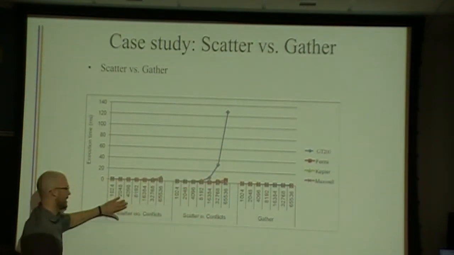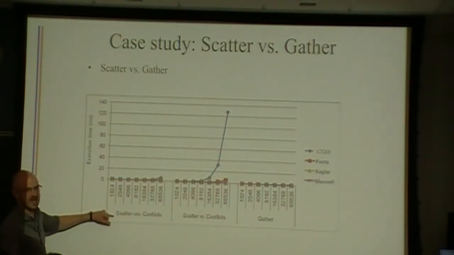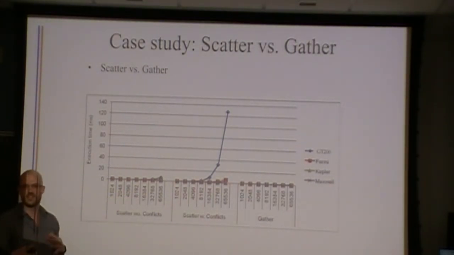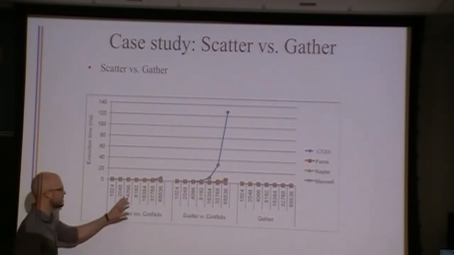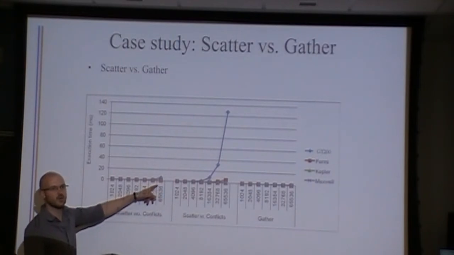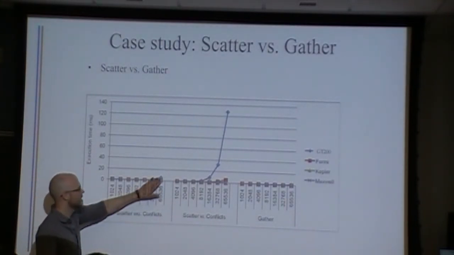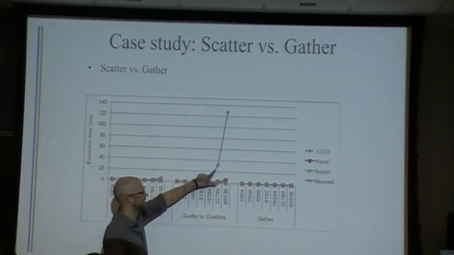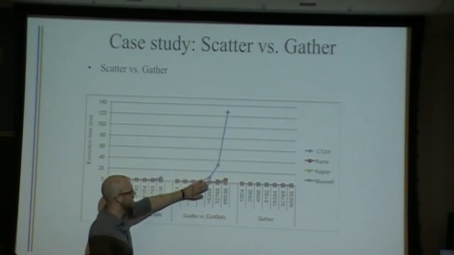We're using atomics in the scatter implementation, but we've set up the problem so there's no conflicts. So there's no serialization even though you do atomics. Does that make sense? But they're still not necessarily as fast as a normal load-modify-store. But when we introduce some conflicts, this old GPU's atomics get extremely bad.